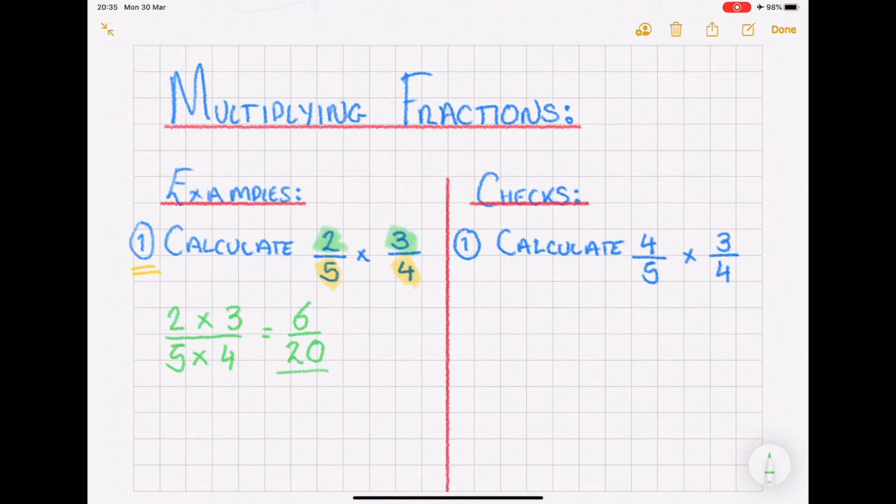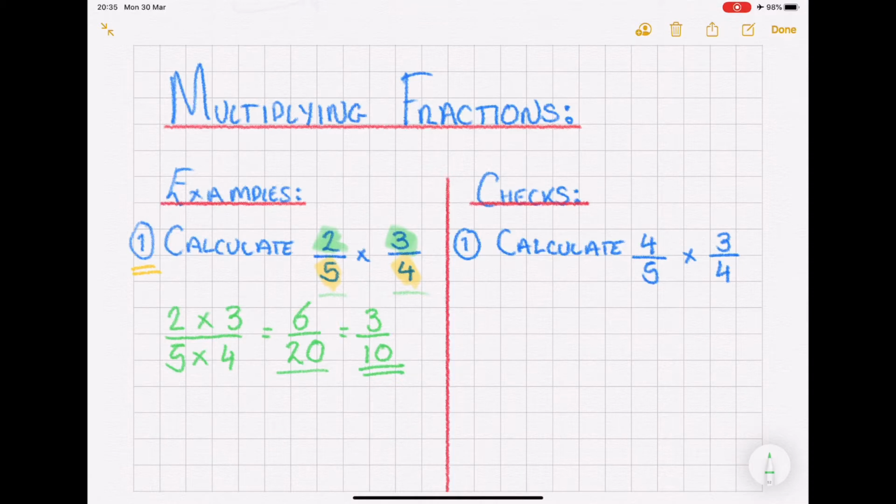That would be a perfectly good answer. But if we divide both top and bottom by 2, we get 3/10, which is our most simple answer. So 2/5 multiplied by 3/4 gives us 3/10.